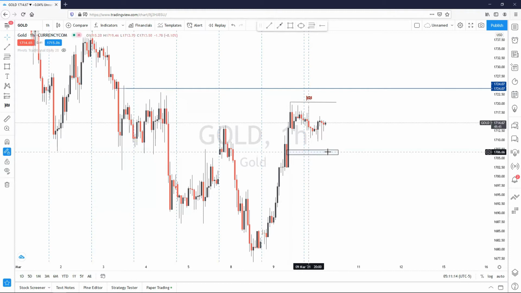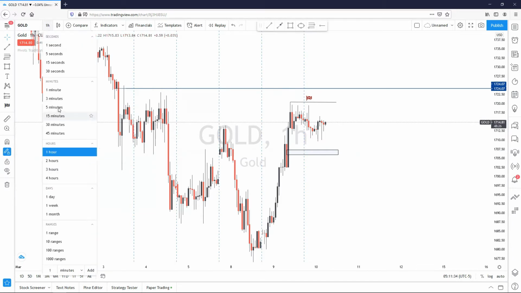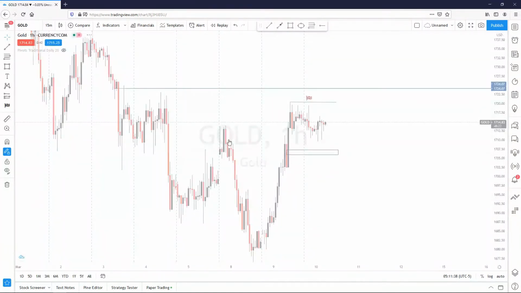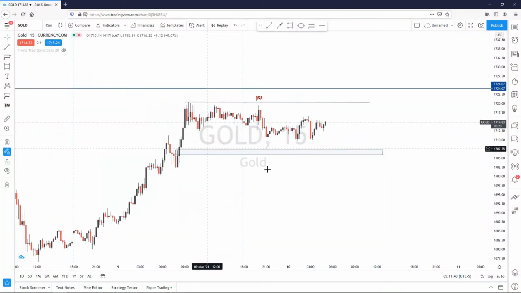You're going to see a trade engineered from here, and bullishness engineered from here all the way back up into 1724.07. But we must see price trade in here. This can be fine-tuned into the 15-minute or lower time frame right here.